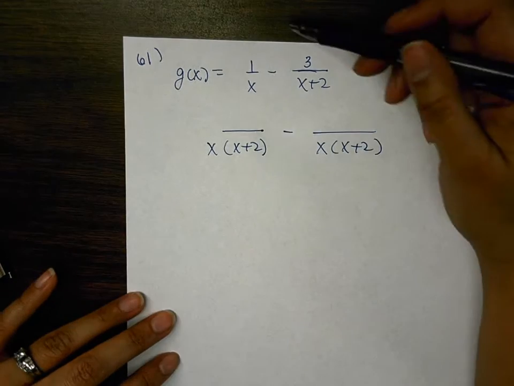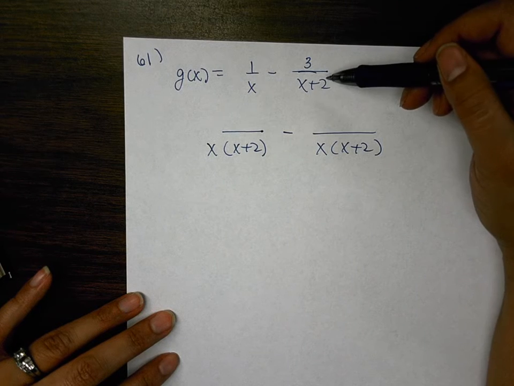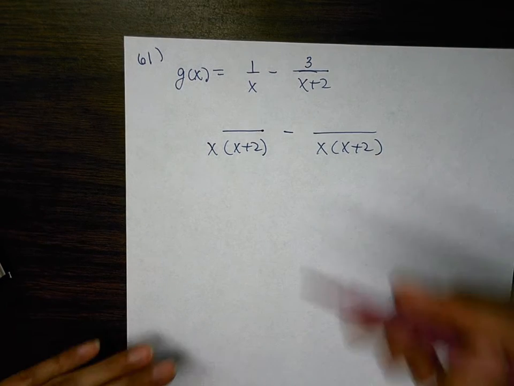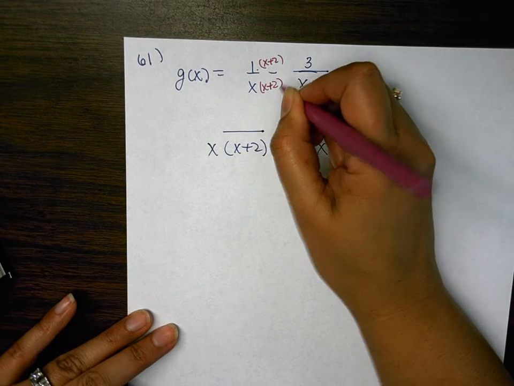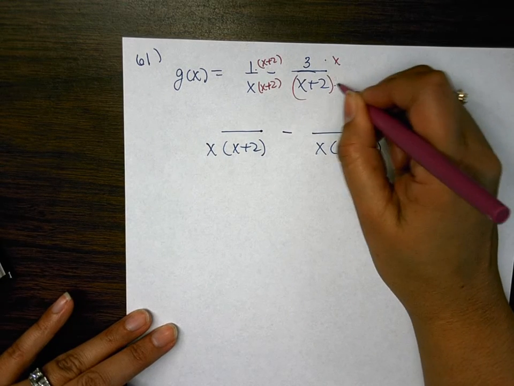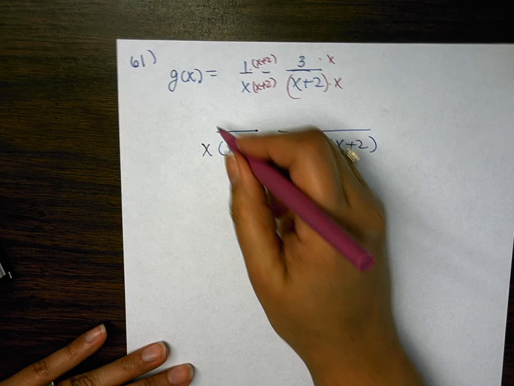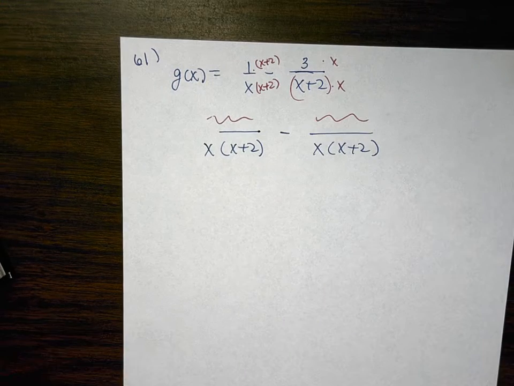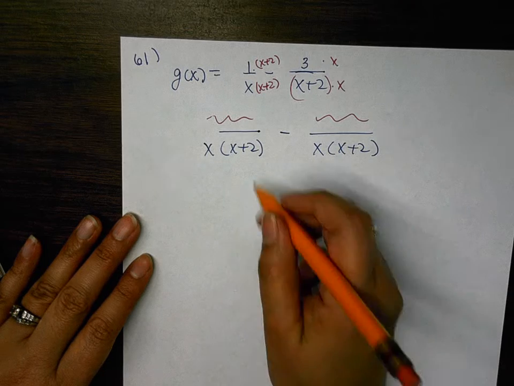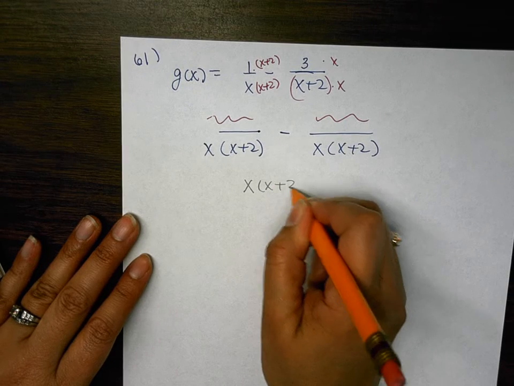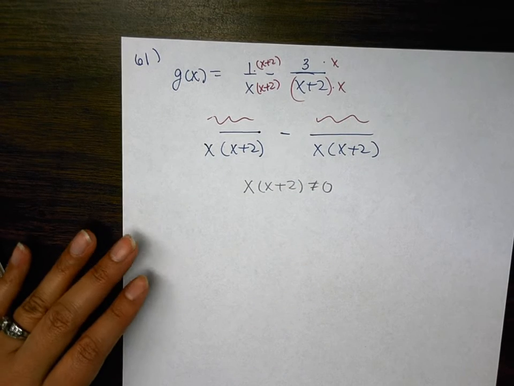Is there any square roots at the top? No. So when I find my common denominator, do I really care what ends up being at the top? No. Because there's no square roots, I just look at the denominators. They're both the same, so x and x plus 2 cannot equal 0.